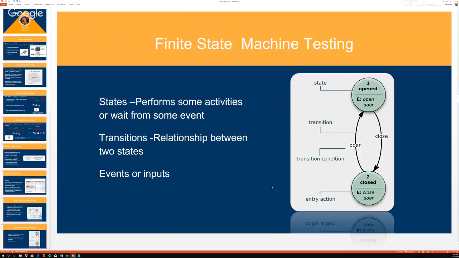If someone pulls the door and that person meets the condition, we will have the transition. If the door was closed, then it will be open. So this is the way we can model the behavior of our system.